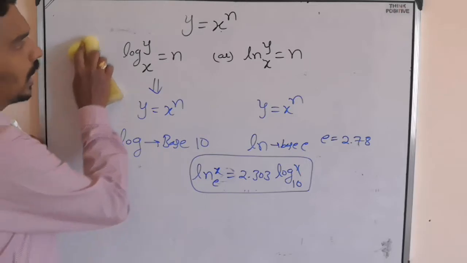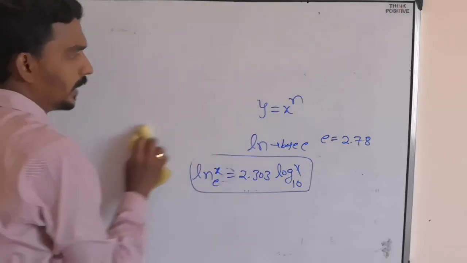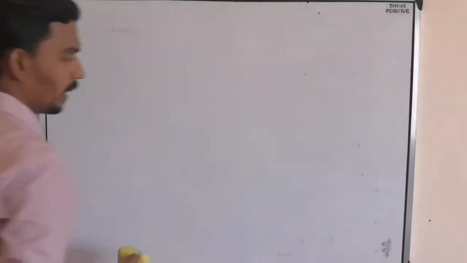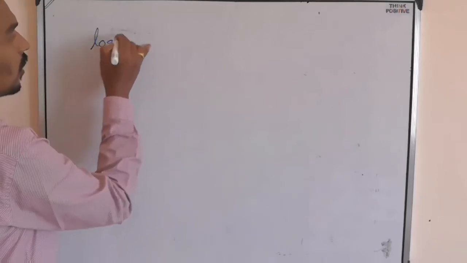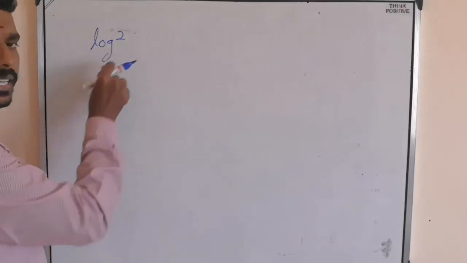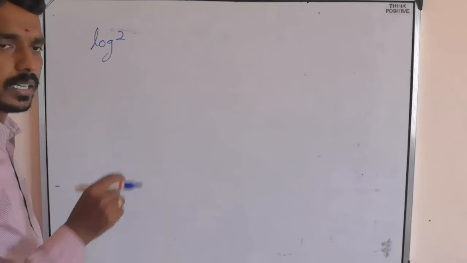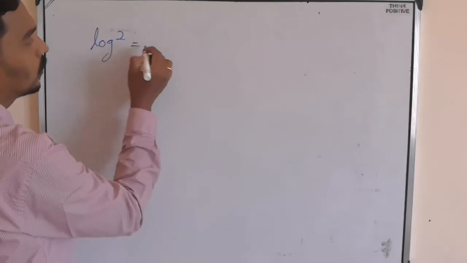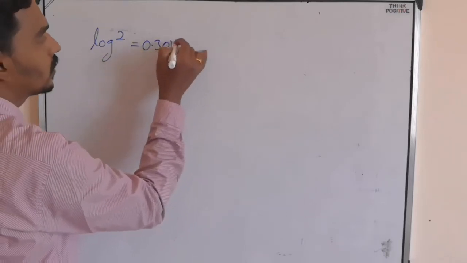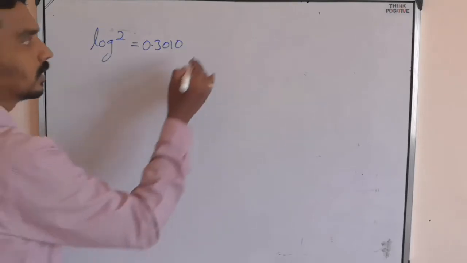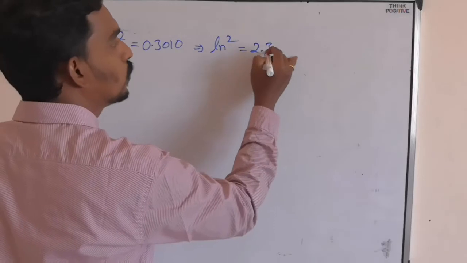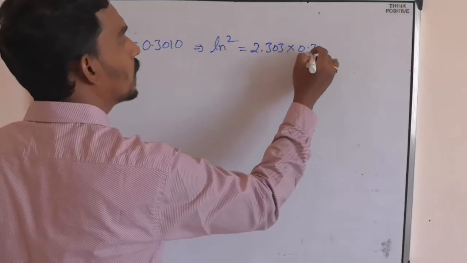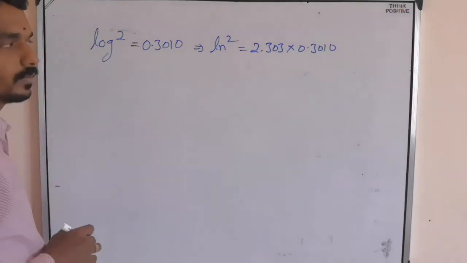Now, apart from this, you need to remember a few values so that it will be helpful in solving calculations. Log 2, when I am writing log and not specifying anything, means base 10, equal to 0.3010. Then ln 2 will be 2.303 into 0.3010.